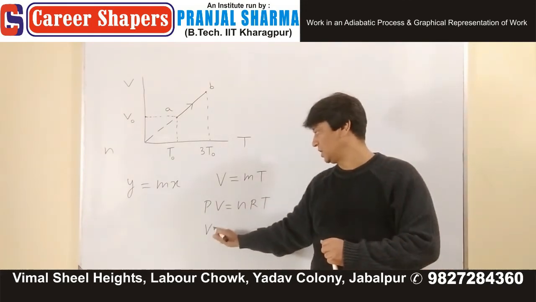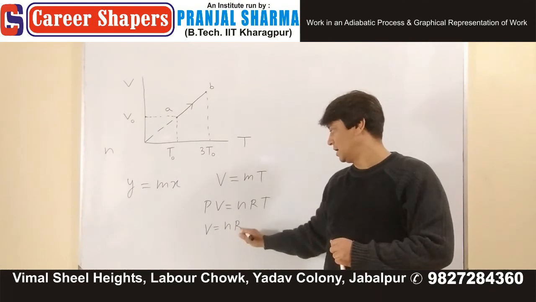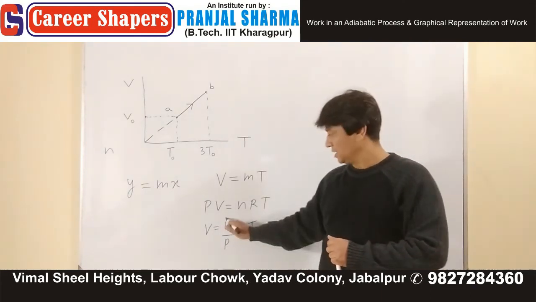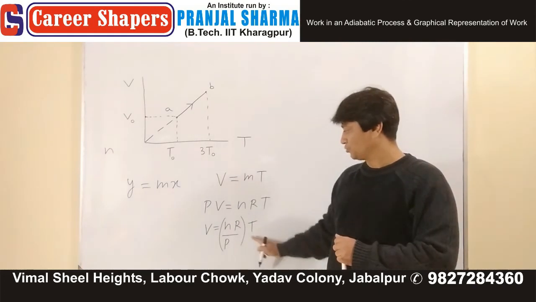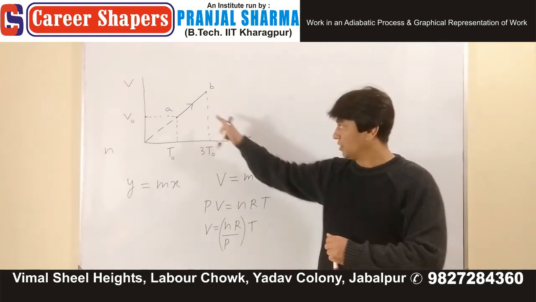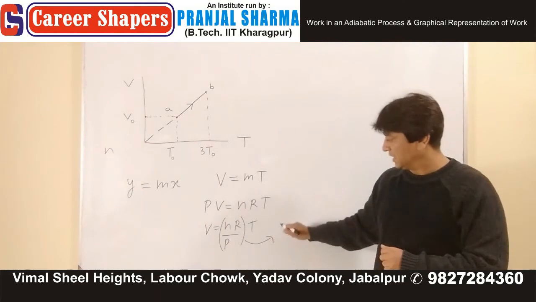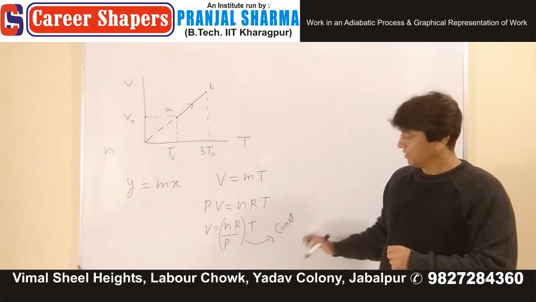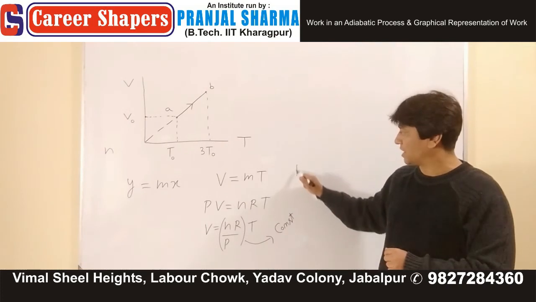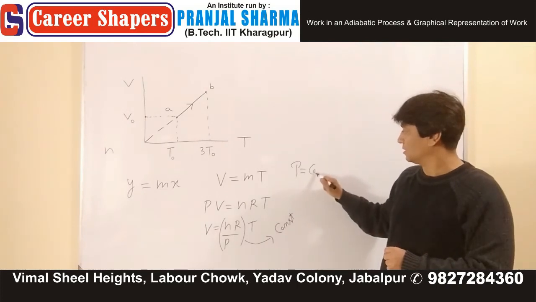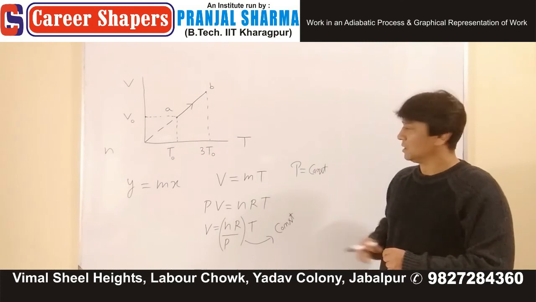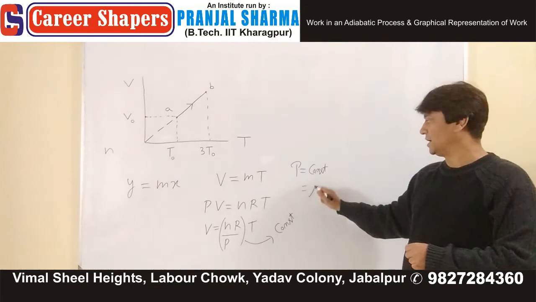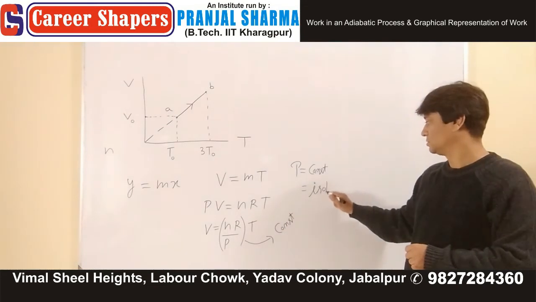That gives us V as nR upon P multiplied by T. This part, which is the coefficient of T, is a constant. If everything inside the bracket is a constant, that means P is constant. It is easy, just like before. If P is constant, then it is an isobaric process.